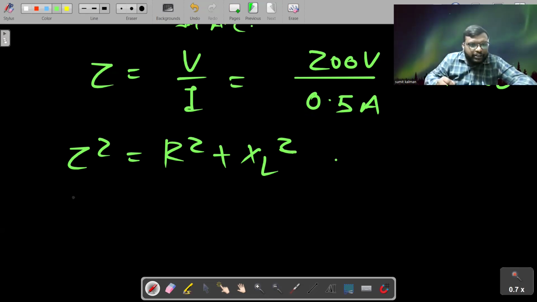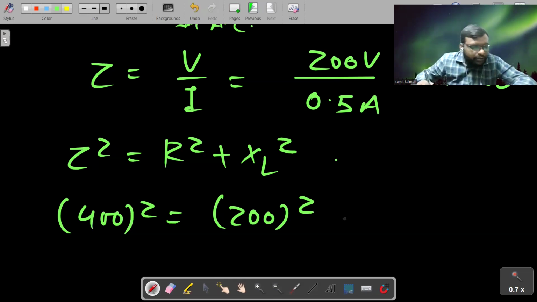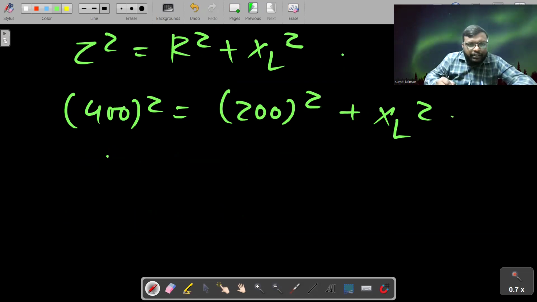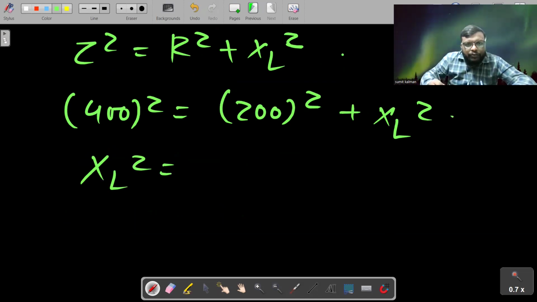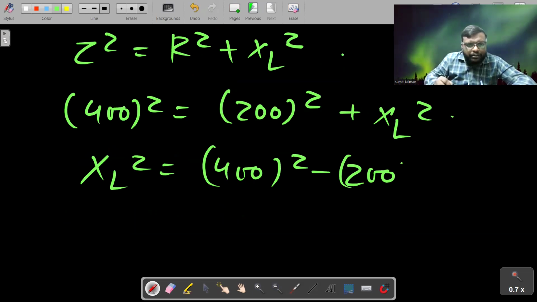So now students, here 400 square is equal to 200 square, resistance R we have calculated, plus XL square. So students, here XL square will become 400 square minus 200 square.